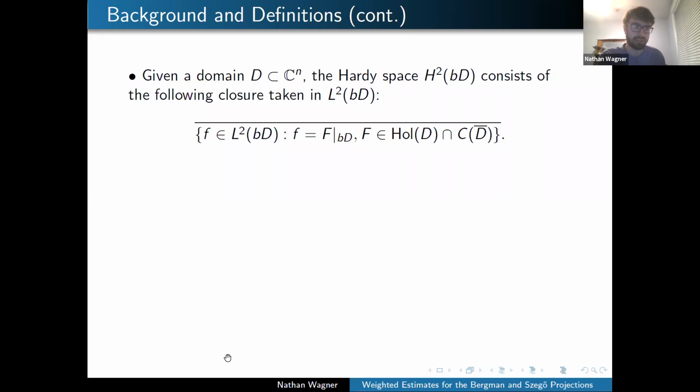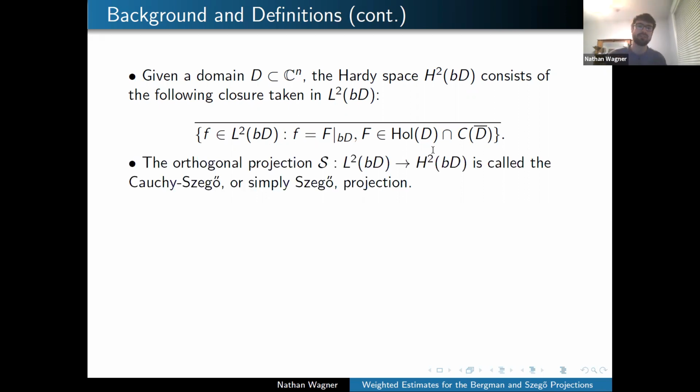The way you can think about the Hardy space in this generality is you take the following closure in L2 of the boundary of your domain. You take the closure of the set of functions that are restrictions to the boundary of functions that are holomorphic on the domain and continuous up to the boundary, right? So you're sort of looking at boundary values of holomorphic functions in some sense.